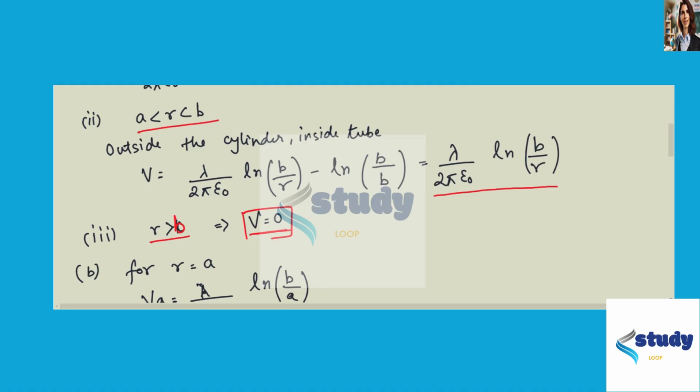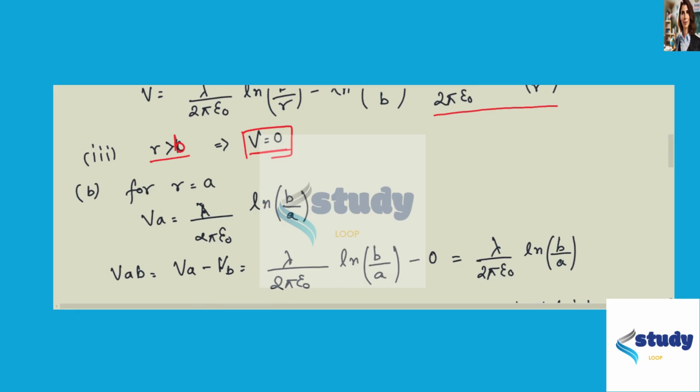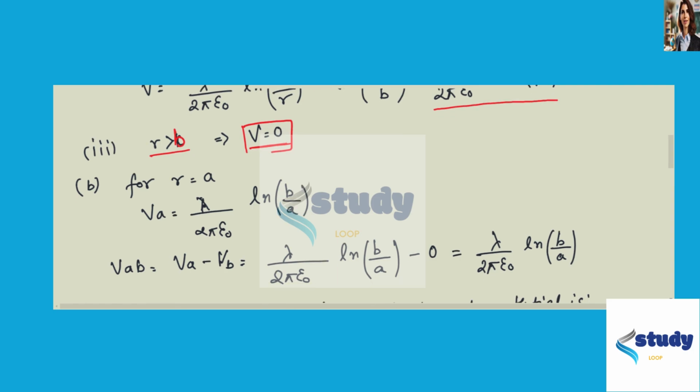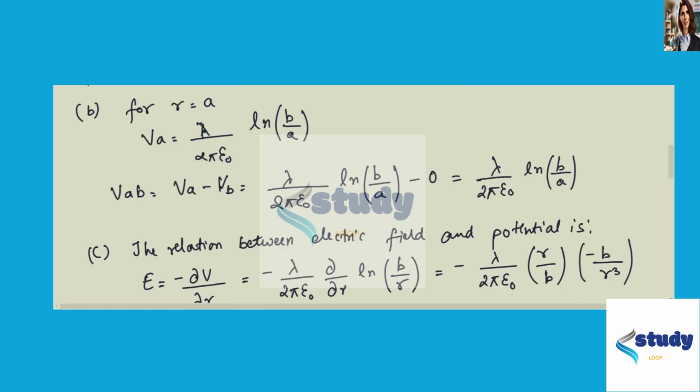Now for part B, we need to show the potential of the inner cylinder with respect to the outer one. For r equals a, instead of r we will write a.